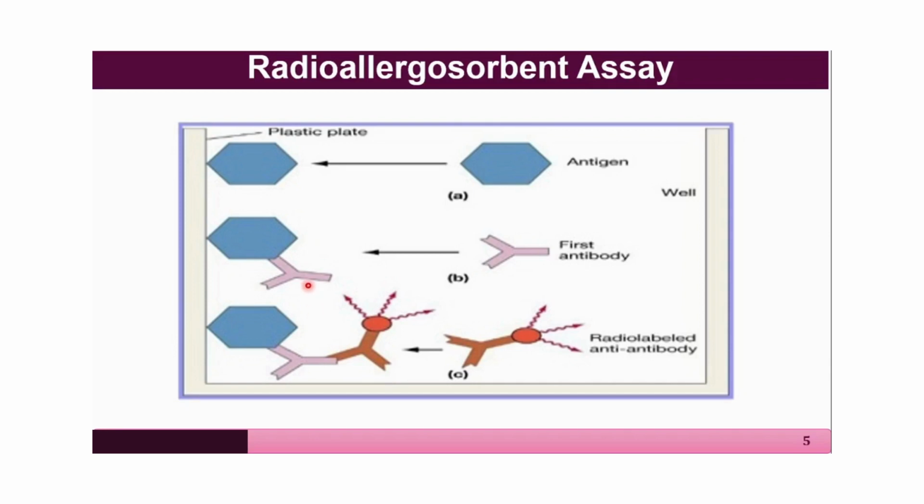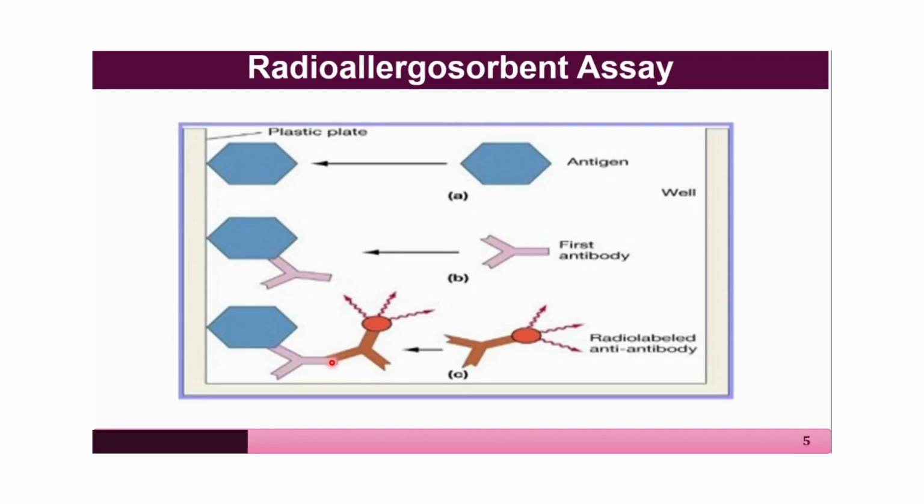If IgE antibodies of the patient serum are already bound to the antigen, the secondary antibody added, which is against the IgE, will bind to the IgE and will remain there. Now give a wash and then subject the samples to scintillation count.